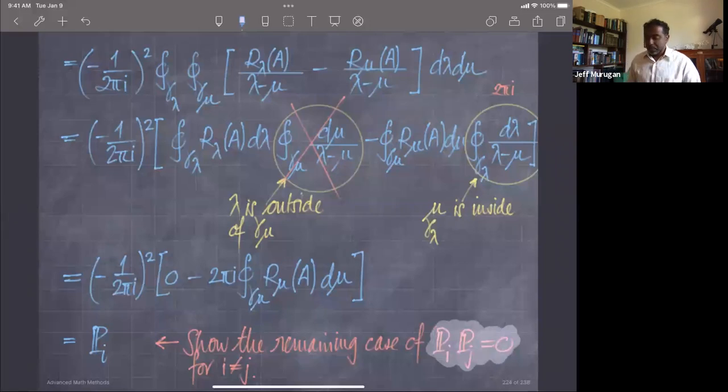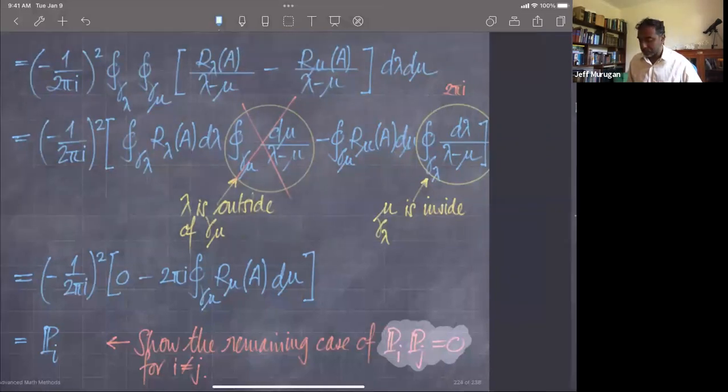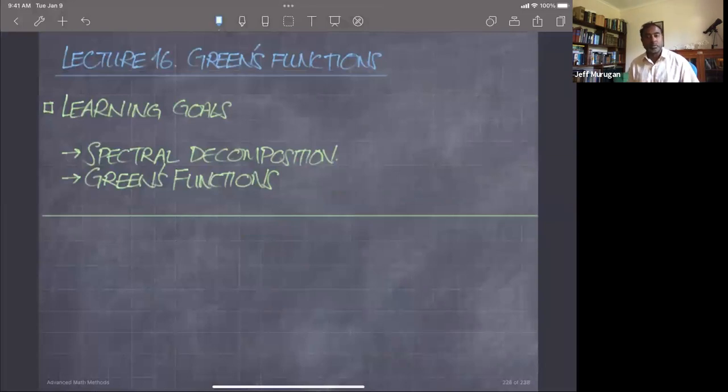Okay, so what I want to do today is first demonstrate the spectral decomposition of some operator, let's say A, in terms of the lambdas and the p's, the projection operators. And then we're going to do an example with a very simple 2x2 matrix, so you can develop some intuition for this. Any questions to start off with?